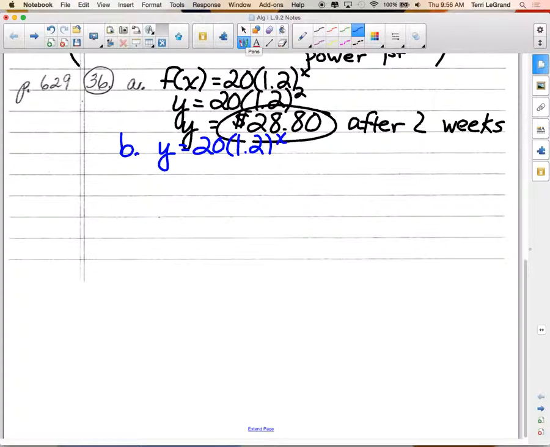And the question is, after how many weeks will the coupon be greater than $100? So are we looking for x or y? Now we're looking for x. Okay, well then that means we're going to put the 100, but it's got to be greater than 100, right? So that would be $100 and 1 cent. So it's got to be at least $100 and a penny.